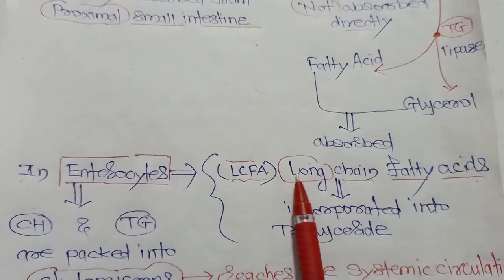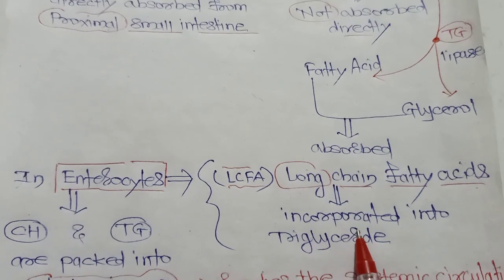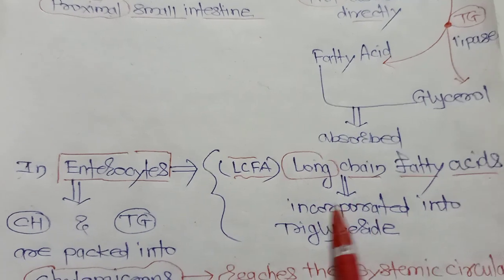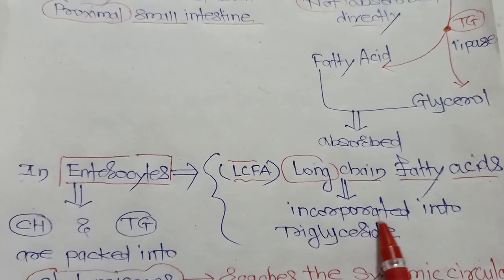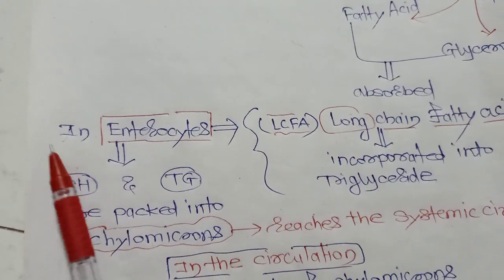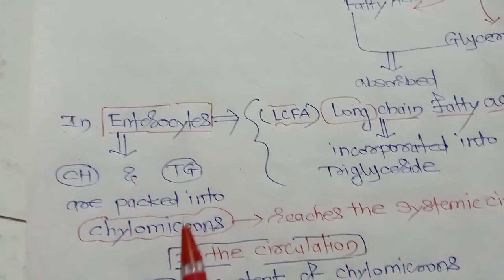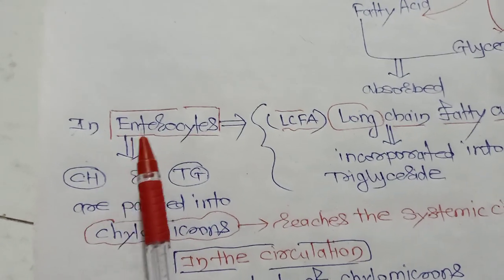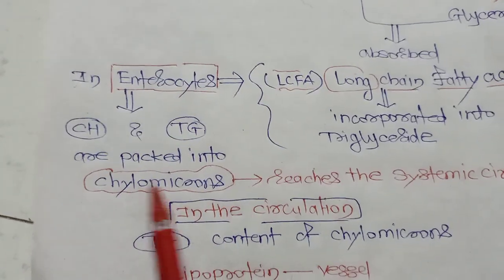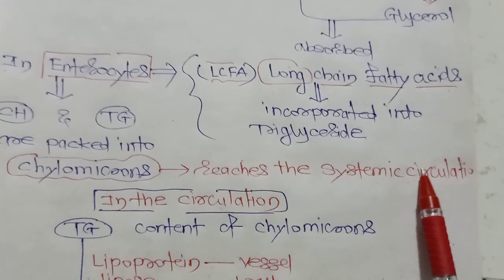In the enterocytes, long chain fatty acids are again incorporated into triglycerides. Now, in enterocytes, cholesterol and triglycerides are packed into chylomicrons, and these chylomicrons reach the systemic circulation.